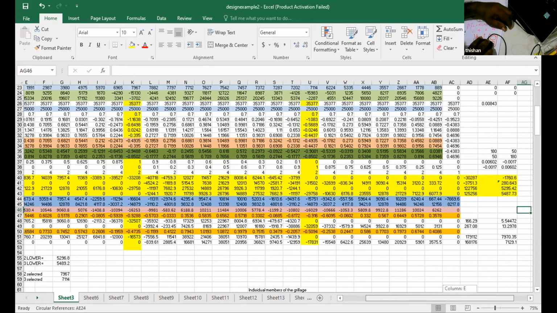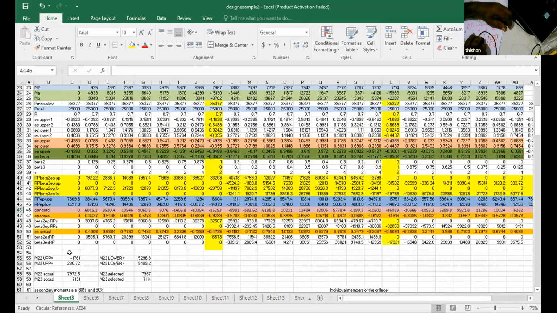Basically, what I have calculated here are the resultant secondary moments after inverting the matrix. Now let's see what happens the moment I look at these numbers, 1761, 280. These two are positive. Here one is negative, one is positive.